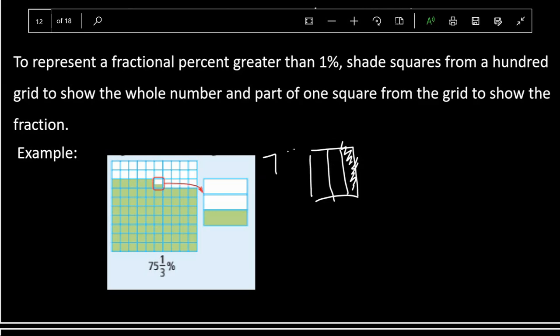So essentially it's the 75 full squares plus that 1/3 of a square. So now we're just combining the regular percents with the fractional percents.